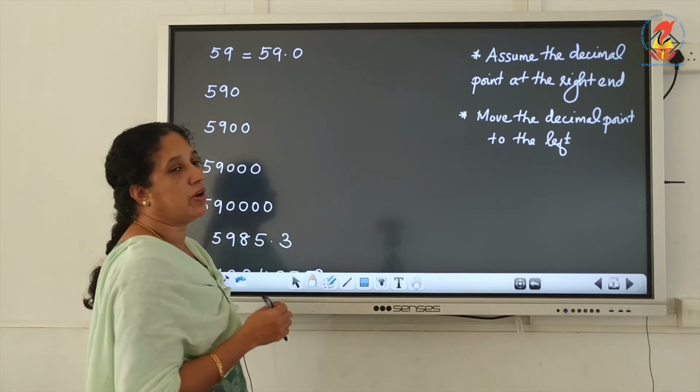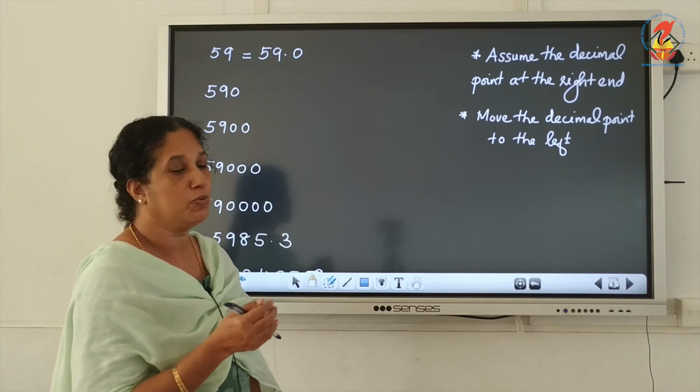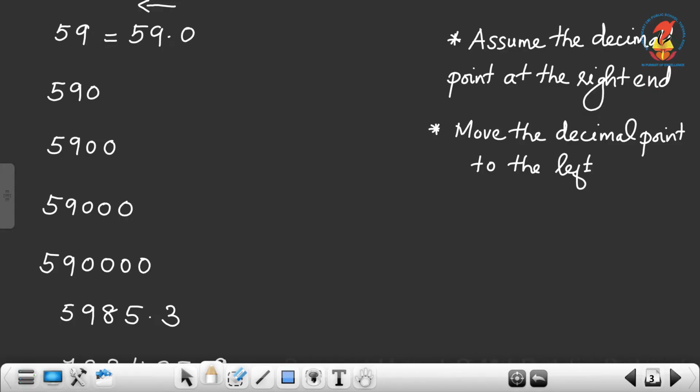Then after that you have to move the decimal point to the left. And how many places do you have to move?